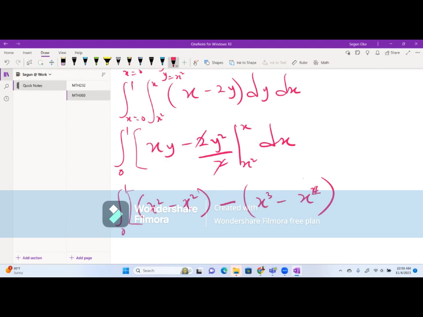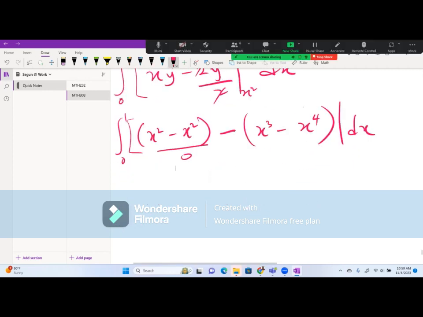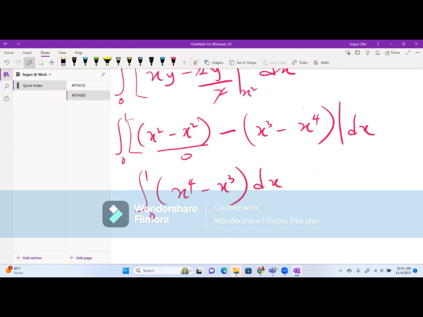It's going to be x raised to power 4, dx. So the entire system here will be 0. And I will be left with the integral from 0 to 1 of x raised to power 4 minus x raised to power 3 dx.